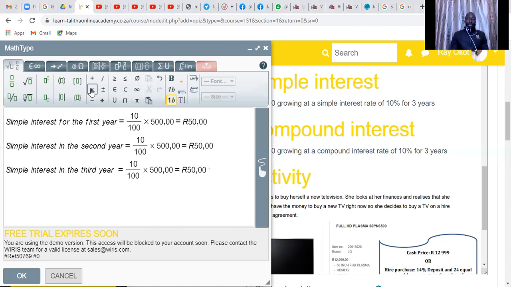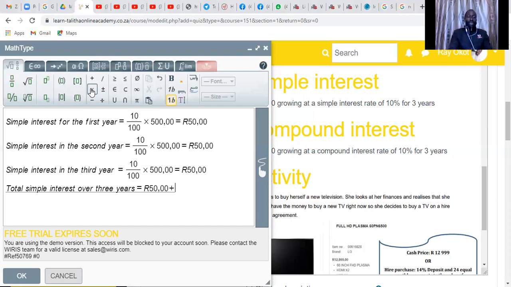So now, over a period of 3 years, we say the total simple interest is going to be the simple interest for the first year, 50.